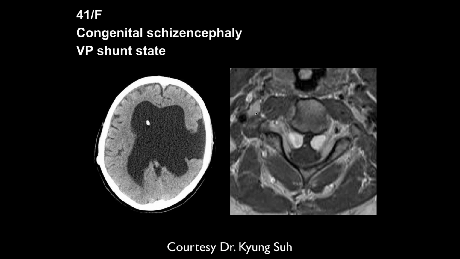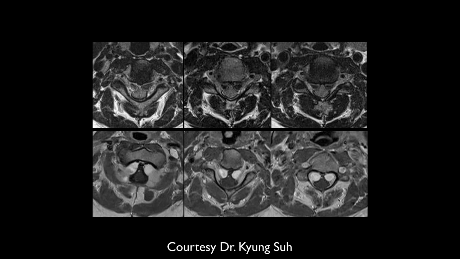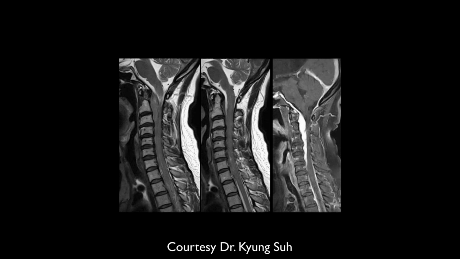Okay, we have the answer. So there we have schizencephaly of the brain, showing what's happening here in the cervical spine. Here we have a triangular shaped spinal cord. There's enlargement of the CSF space.